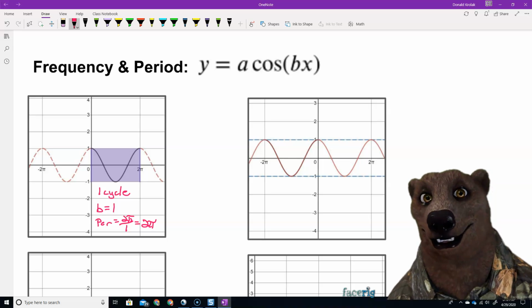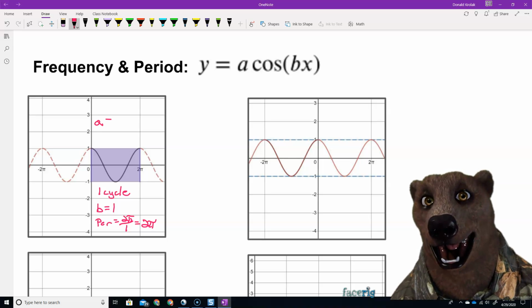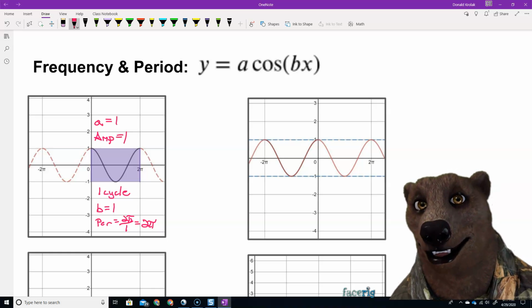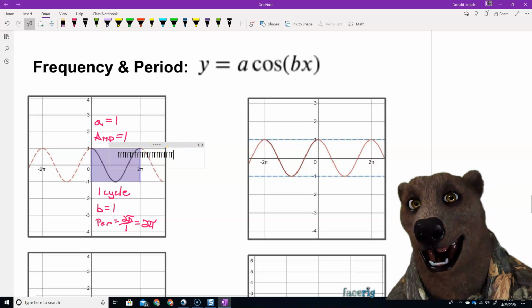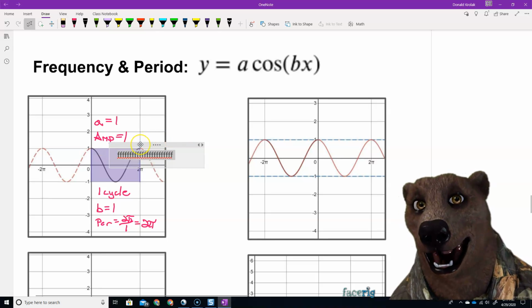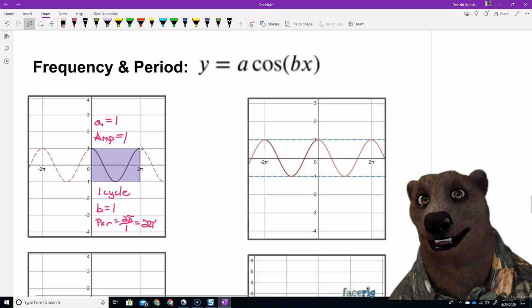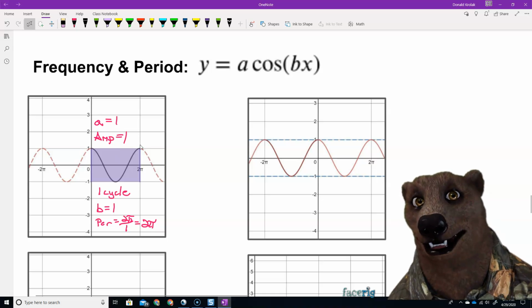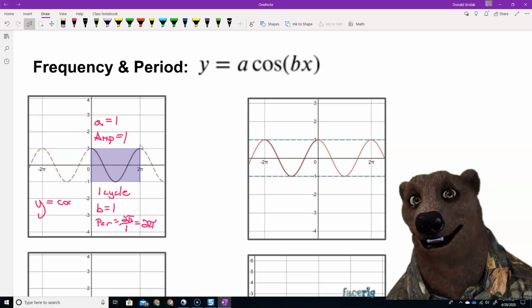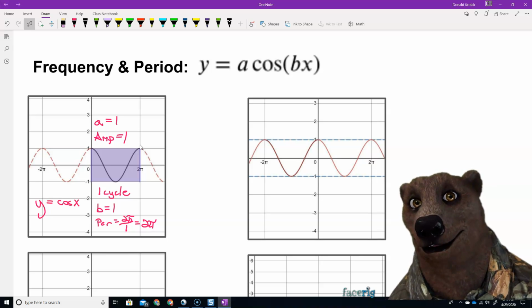Our amplitude is 1. My equation would be y equals 1 cosine 1x. So that's just your normal cosine.